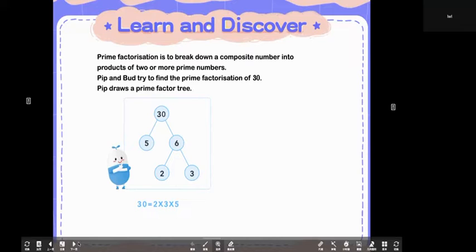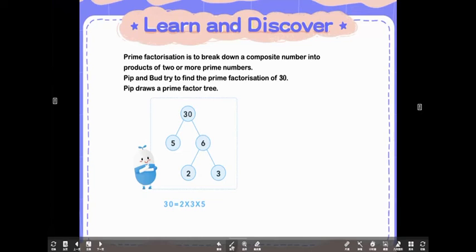And how can we do this prime factorization? We have 2 methods. One is what we call the tree method.